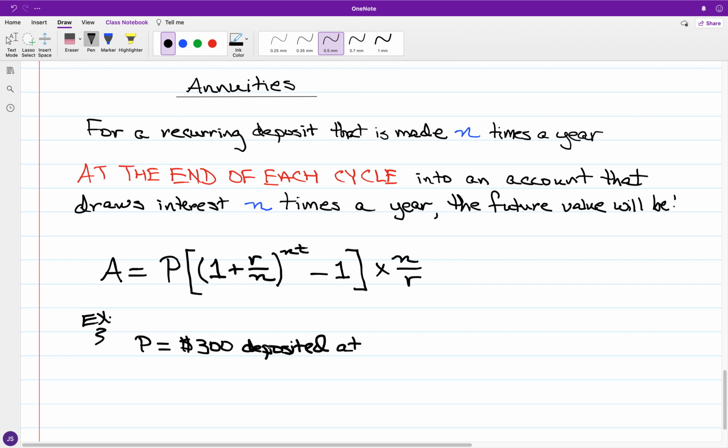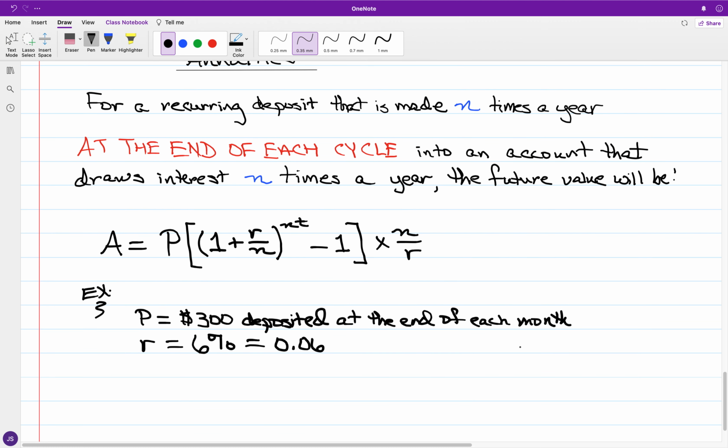So add the context here: you have a $300 deposit at the end of each month. Now we'll say that the rate of interest is 6%, so about 0.06. And again, you're looking at the end of each month, so you have n equal to 12.